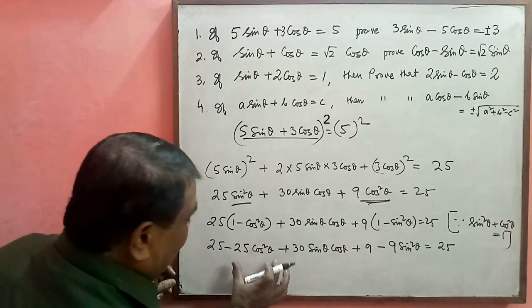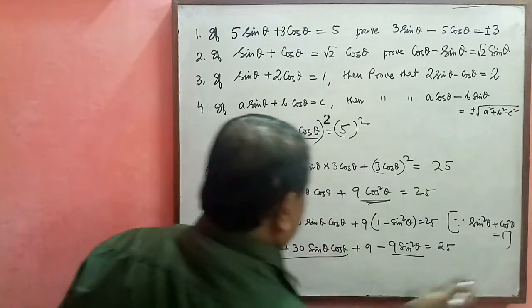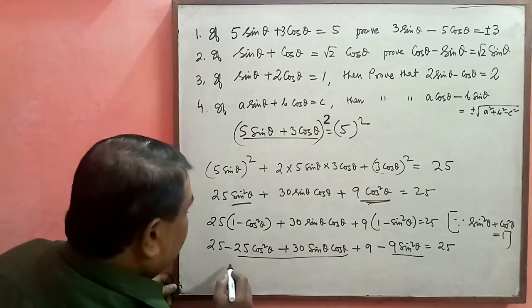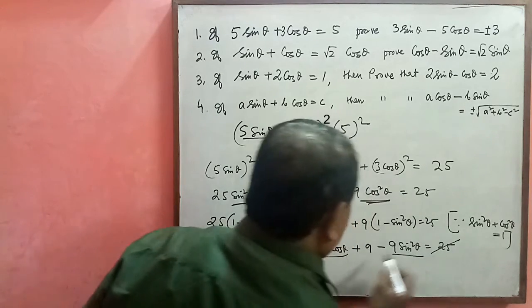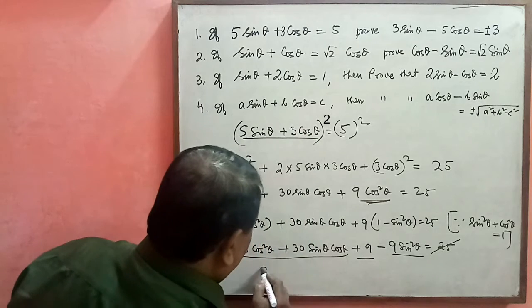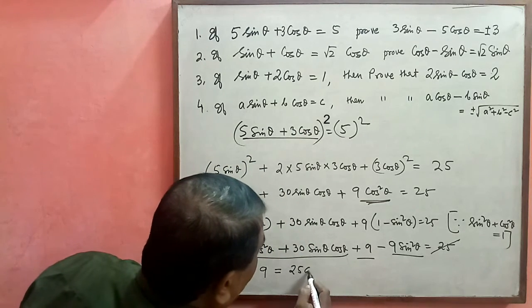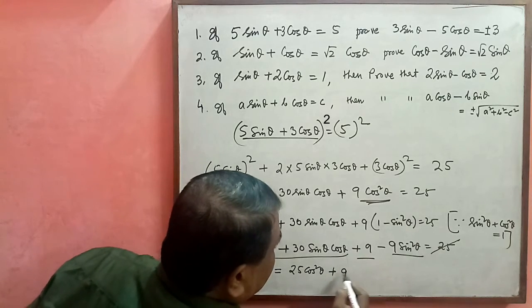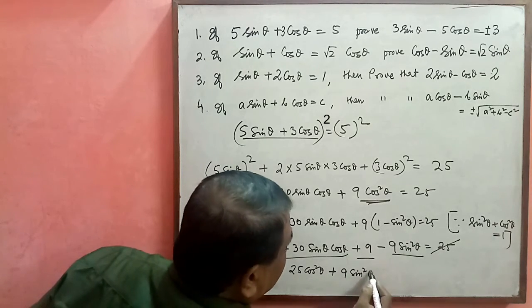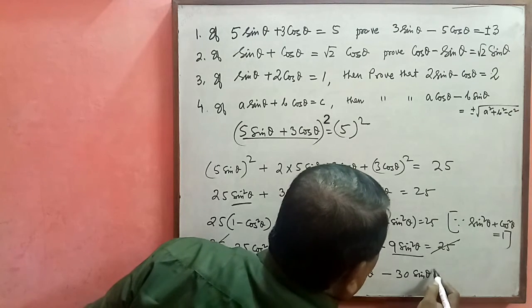Now you take all this to that side and you take 25 to this side. So definitely this 25 will get cancelled. This 9 will remain here. This is 25 cos square theta plus 9 sine square theta minus 30 sin theta cos theta.